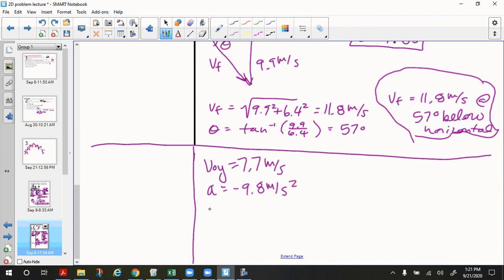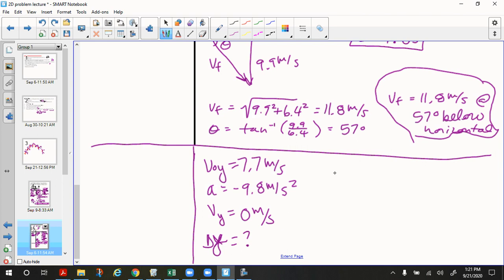But now our final velocity is going to be 0 because it is stopping at the top in the y direction. It's still moving in the x direction, but it stops moving up and starts moving down. And we need to find how far it goes above the person's head, right?